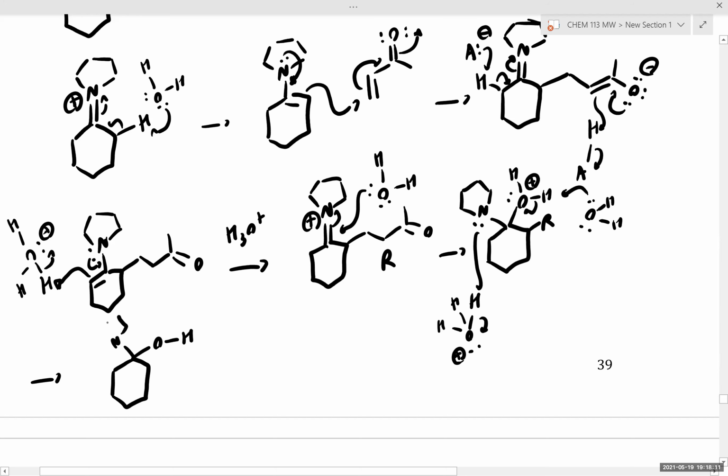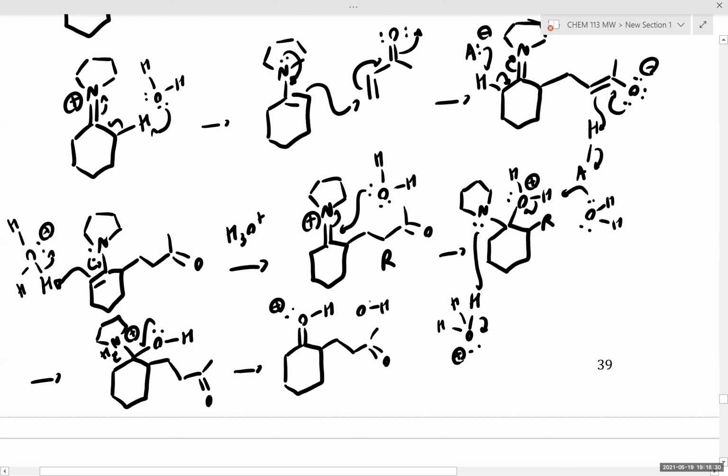Okay, so now that we've activated our amine as a leaving group, we can now kick out our leaving group and reform our desired diketone. We're now one cleanup step away. All we have to do is deprotonate our carbonyl, and that in turn gives us our desired final product.